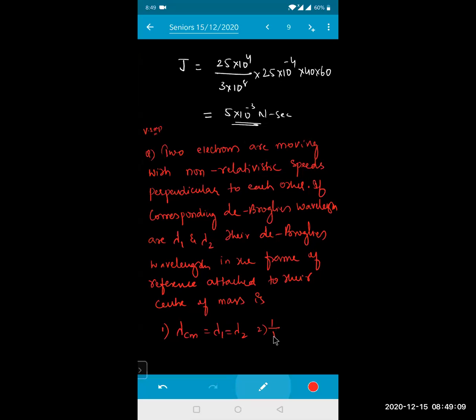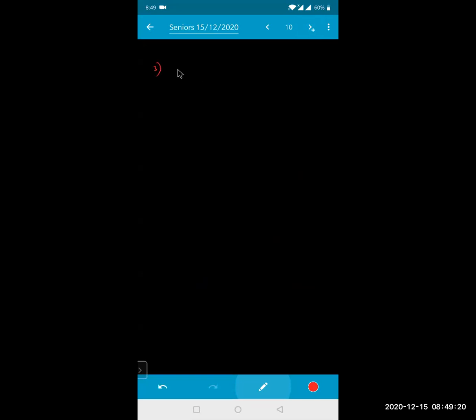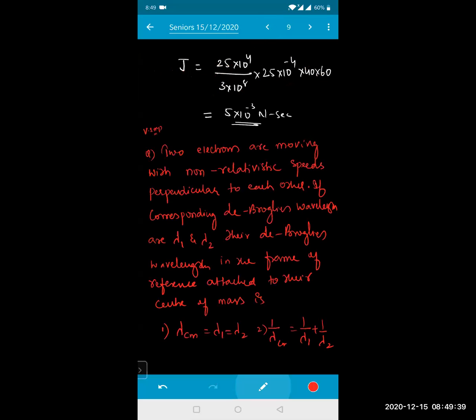Second, 1 by lambda center of mass is equal to 1 by lambda 1 plus 1 by lambda 2. Third, lambda center of mass is equal to 2 lambda 1 lambda 2 divided by under root of lambda 1 square plus lambda 2 square. Fourth, lambda center of mass is lambda 1 plus lambda 2 divided by 2. So read the question, everyone, and try to do it.